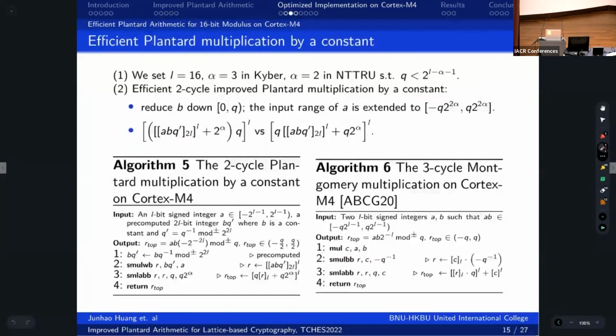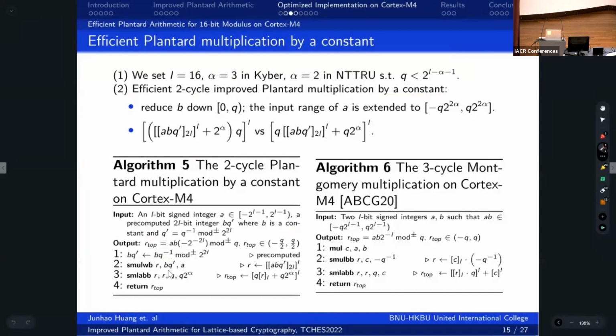And in the following section, we set L equal to 16 to support the 16-bit NTT in Kyber and NTTRU, where alpha is equal to 3 or 2 in Kyber or NTTRU, such that Q satisfies these new modular restrictions. And based on the improved Plantard arithmetic, we present an efficient 2-cycle Plantard multiplication by a constant, as shown in Algorithm 5. In this algorithm, we assume that B is a constant, so that we can precompute B times Q inversion mod 2 to the power of 2L, so that BQ prime is a 2L bit integer.